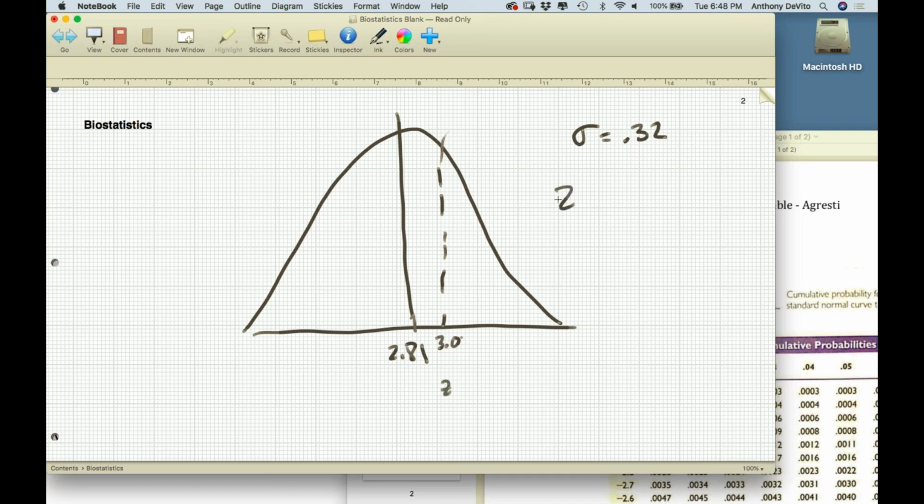So Z is going to be equal to the value we're interested in, which in this case is 3.0, minus mu over the standard deviation. Notice I'm using the Greek letters because we're dealing with parameters here, population mean, population standard deviation. So Z, in this case, is equal to 3.0 minus 2.81 over 0.32. Okay, so let's figure that out.